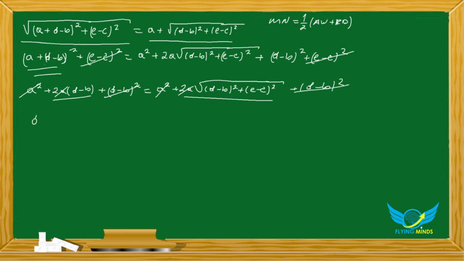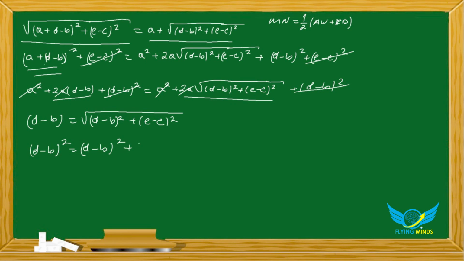So now we have d minus b on the left hand side equals the square root of d minus b squared plus e minus c squared, under the radical sign. Again we have a square root, so we want to get rid of it. We square both sides again: d minus b squared equals d minus b squared plus e minus c squared.